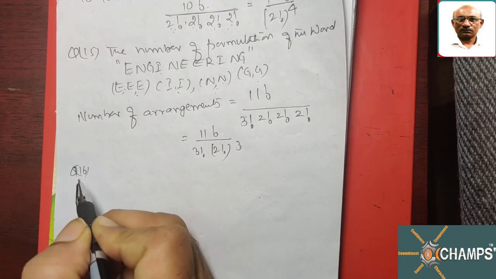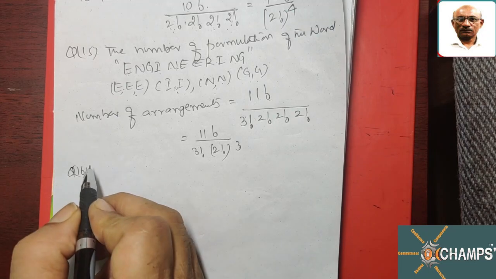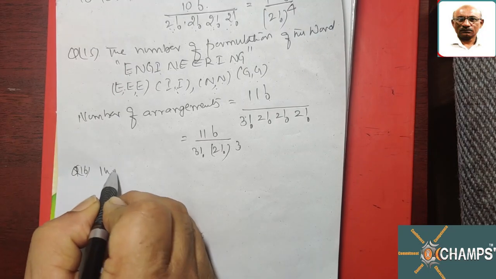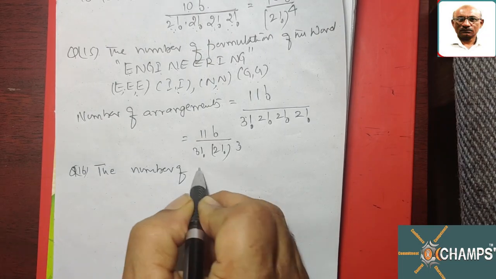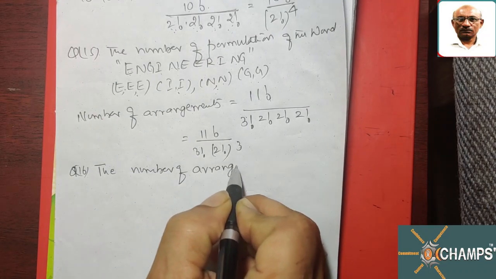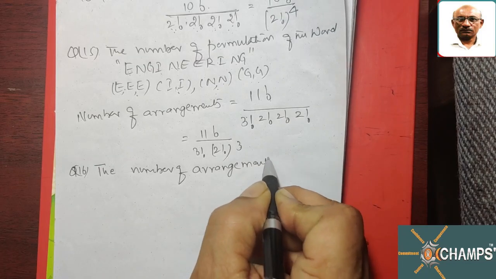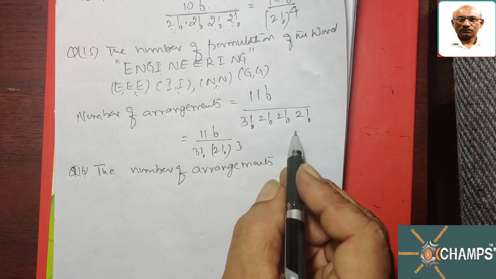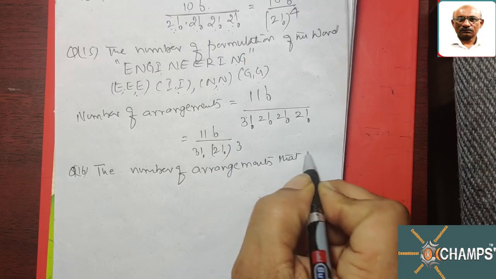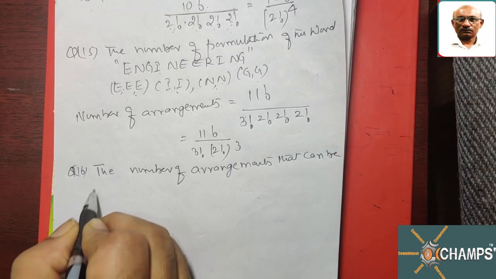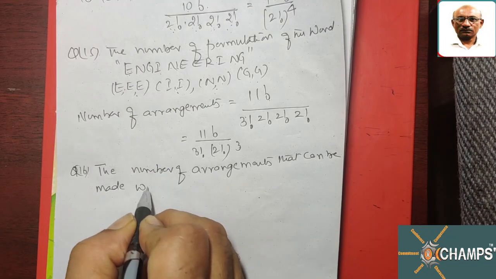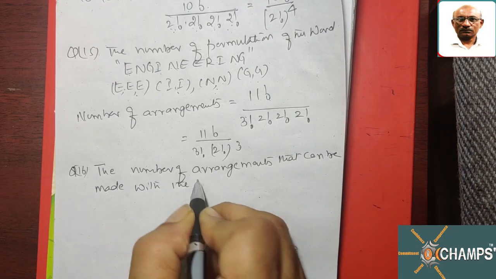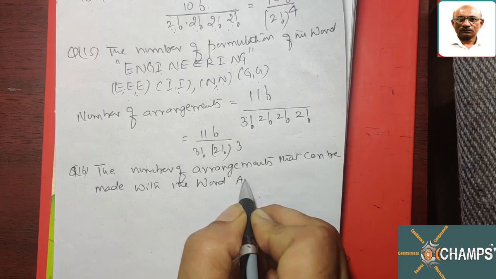Let us see question number 16. The number of arrangements that can be made with the word assassination.